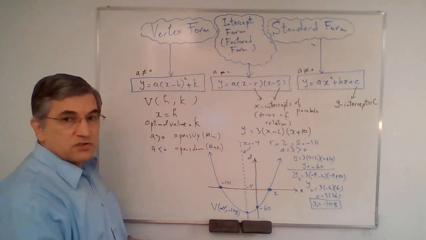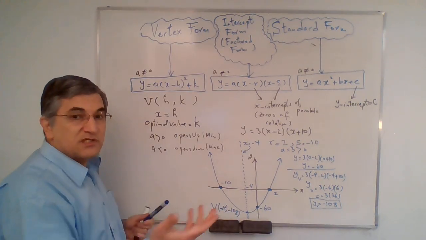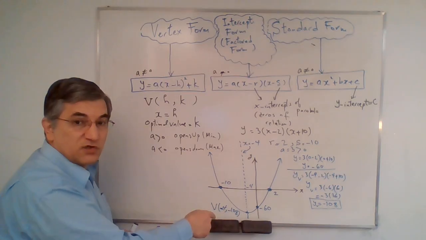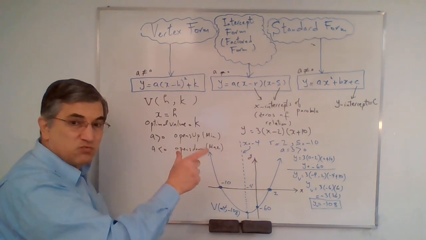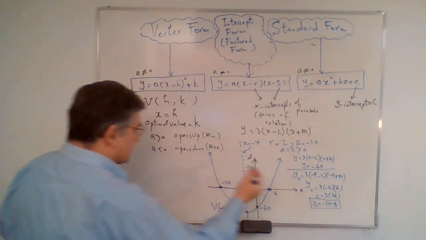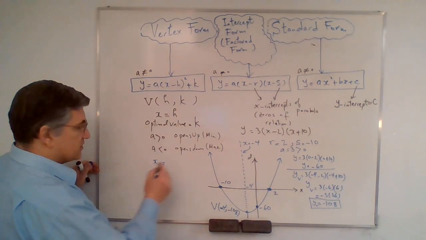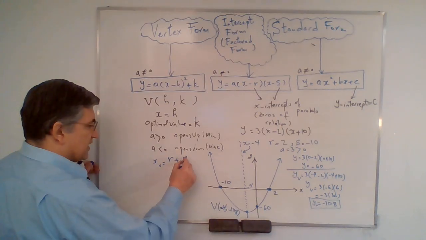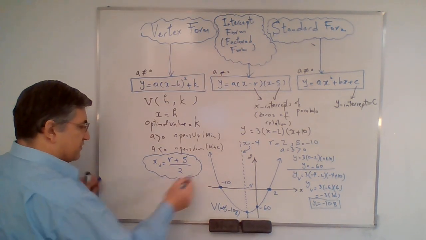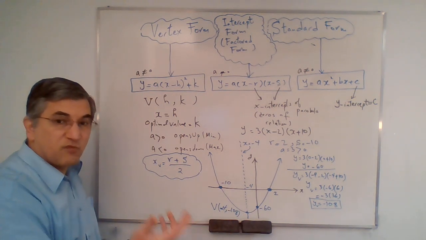One last thing I want to show you is a formula that we can come up with for this idea of the axis of symmetry or the vertex being exactly midway between the two x-intercepts. I can say that the x-coordinate of the vertex is always r plus s divided by 2. This is that idea of average we talked about, but I just wanted to give it to you as a formula.